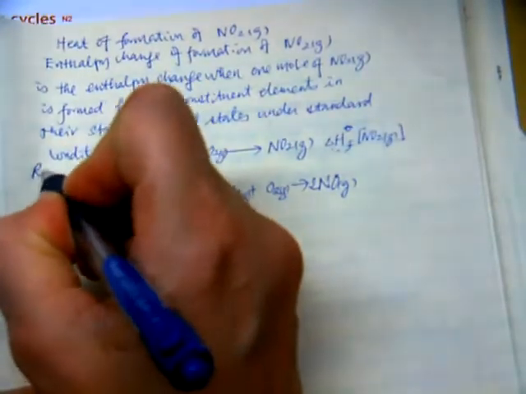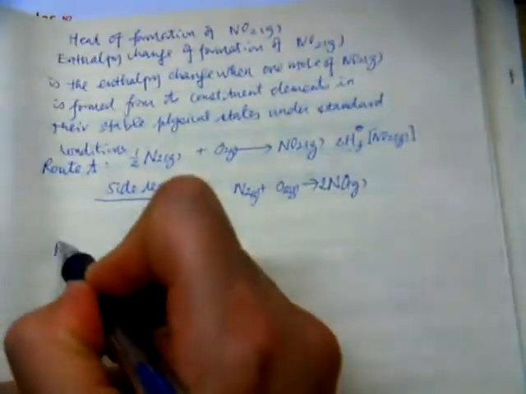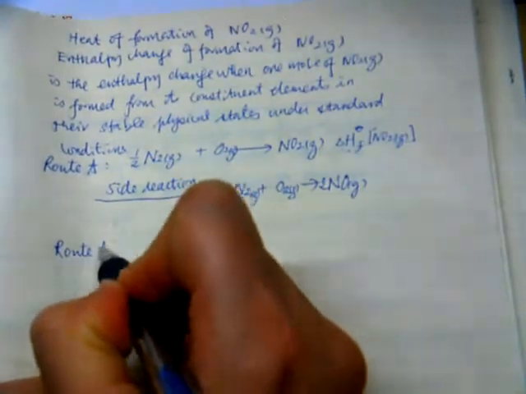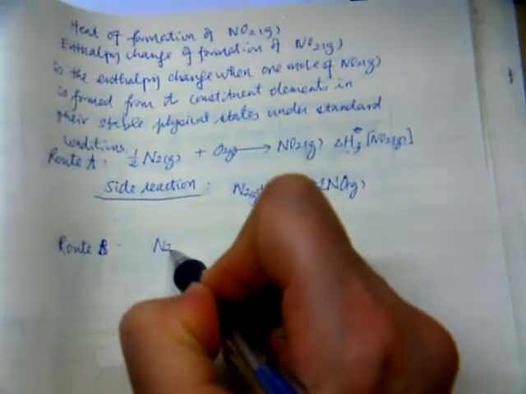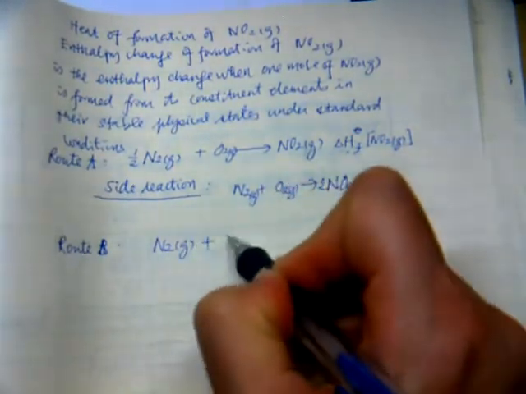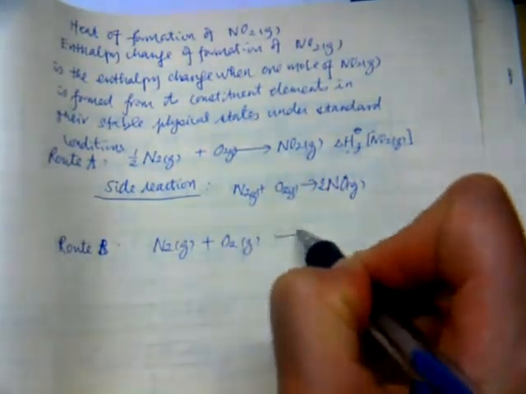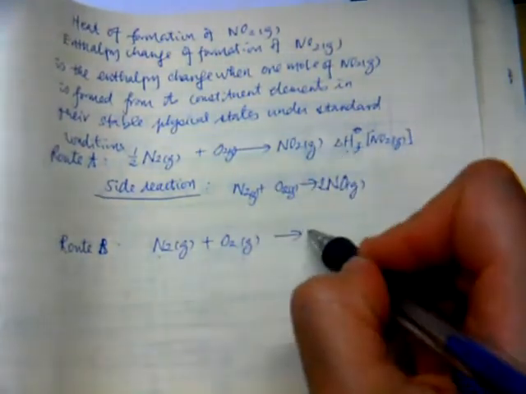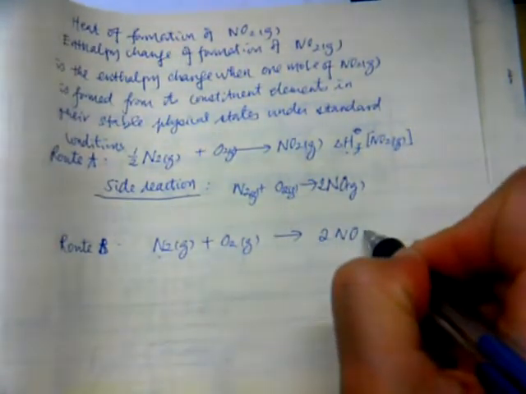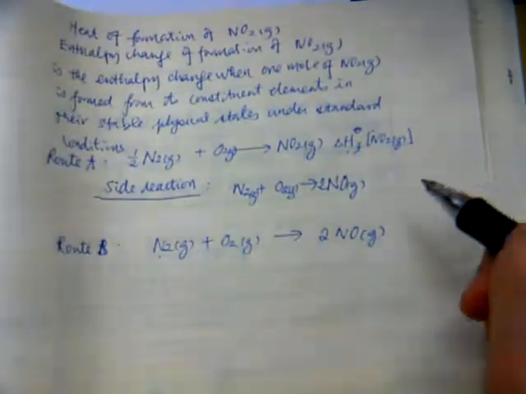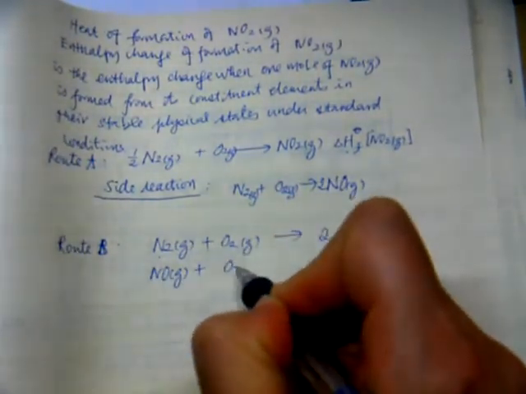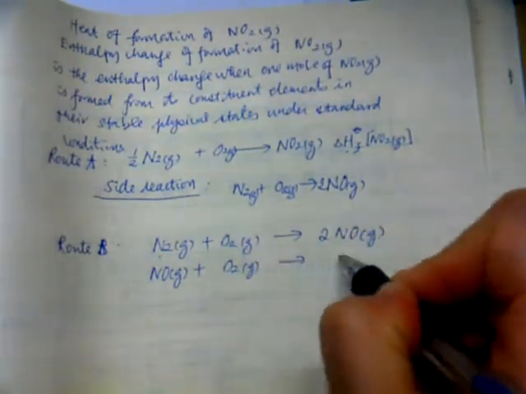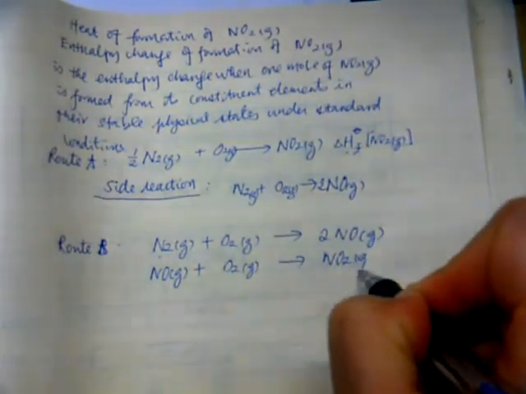Maybe I label it, following your textbook, as route A. Route B, let's talk about route B. The first step is to react N2 and O2 together to form NO. The second step, NO reacts with O2 to form NO2.